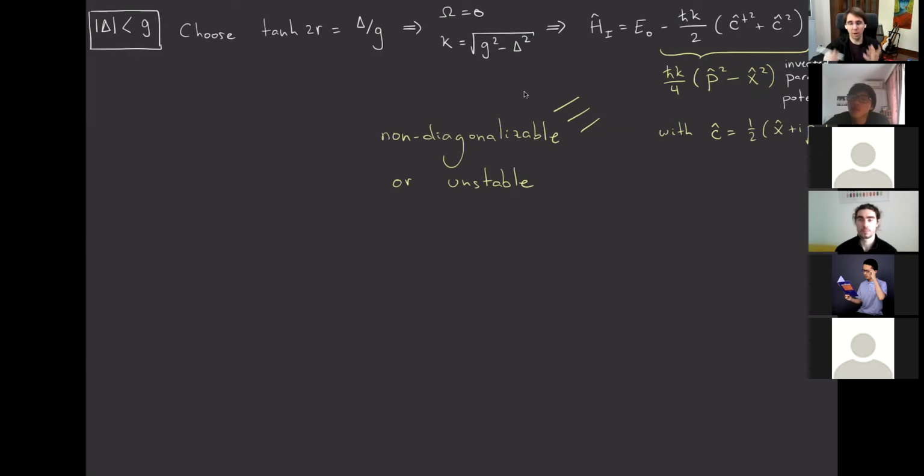Okay, it's not bounded, and not only that, but it goes to minus infinity as you move outside of the origin, and then this tells you that you will not have stationary eigenstates.